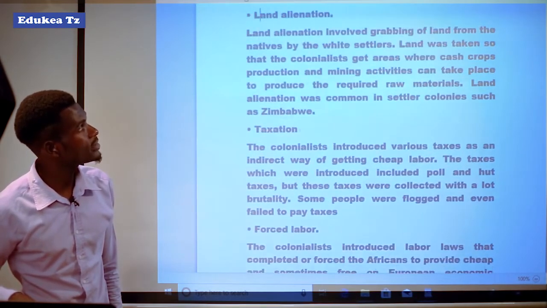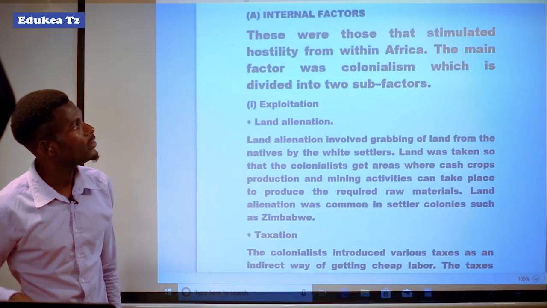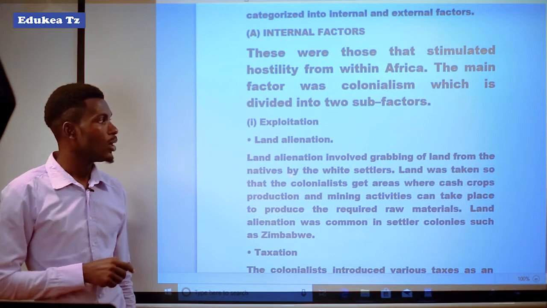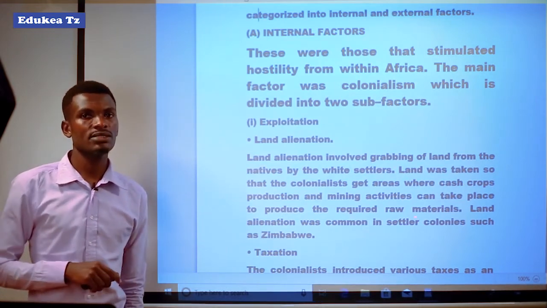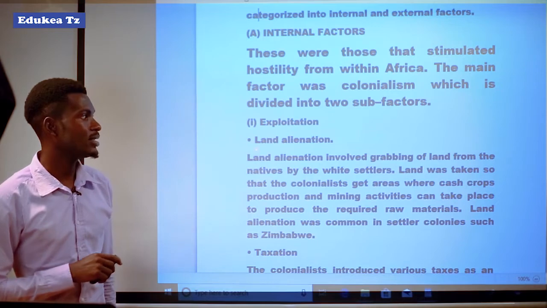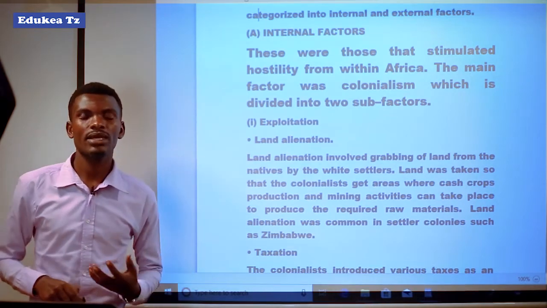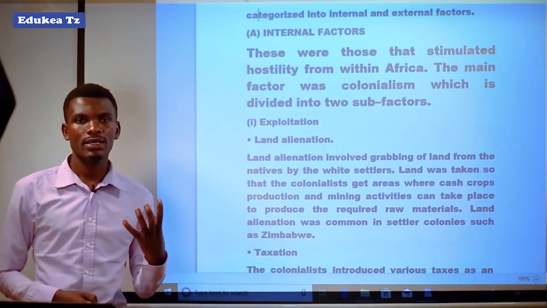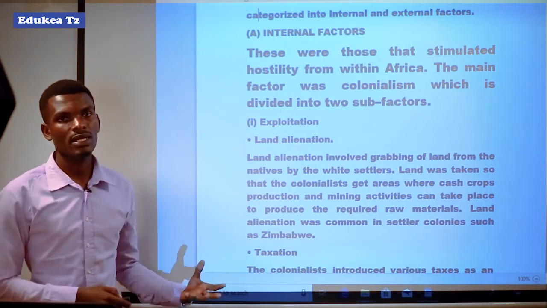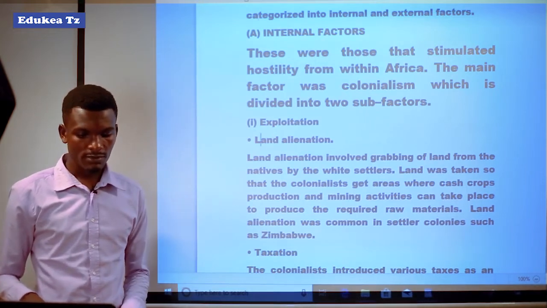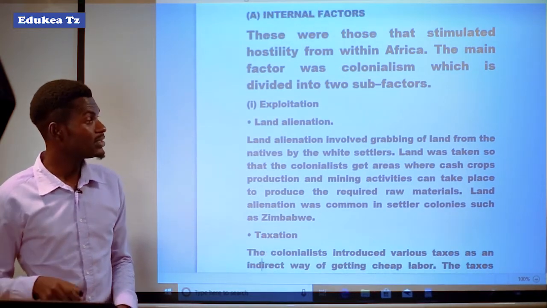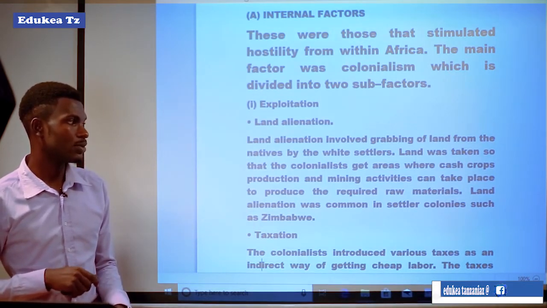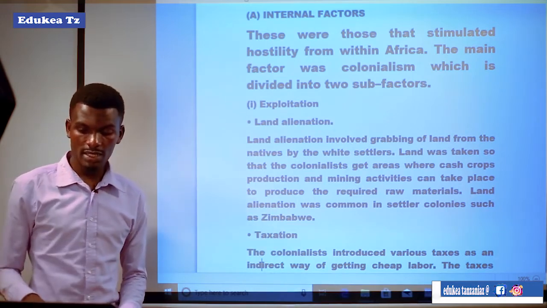The first, as categorized in internal factors, was exploitation, which involved different categories, like land alienation, whereby African lands were taken by the Europeans to establish different projects like plantations, farms, and mining centers. For example, land alienation was common in settler colonies such as Zimbabwe, Kenya, and other areas.